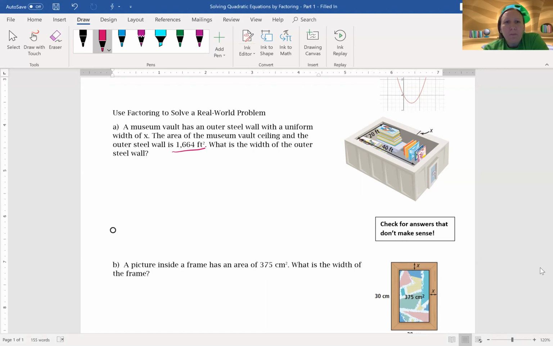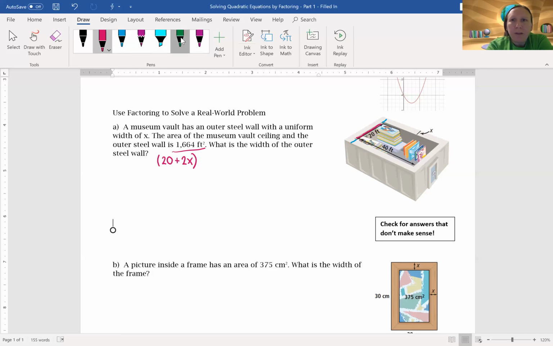Hopefully you remember that area of a rectangle is length times width. So we need to write expressions for our length times width, multiply them together, and it's going to equal this 1664. For my width, width is usually smaller. We have our 20 feet there, but we also have X and another X. So one of our sides is 20 plus 2X.